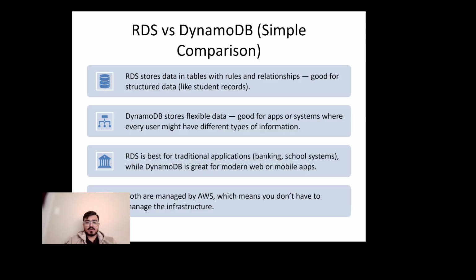RDS is great for things like banking systems, schools, or e-commerce. DynamoDB is perfect for apps, chat systems, or online games. So in short, RDS is an organized Excel sheet, and DynamoDB is a flexible notebook.